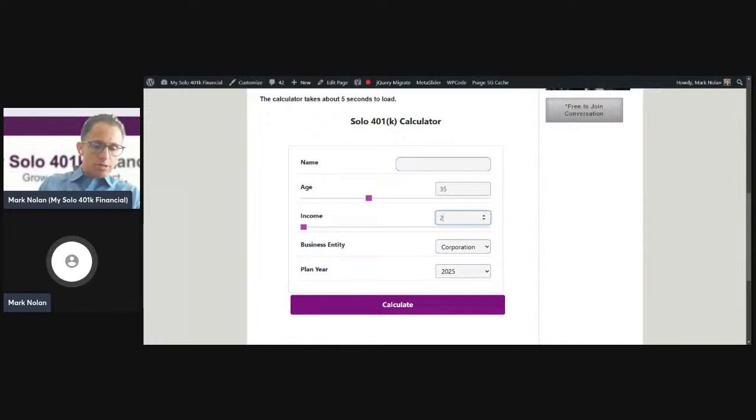Income, we'll use $200,000 of W-2 wages from your S corporation, for example, an LLC taxed as an S corporation, self-employed business. Tax year 2025, calculate.